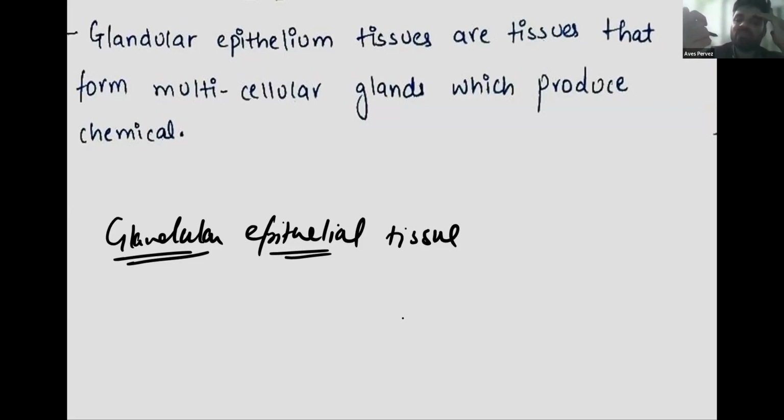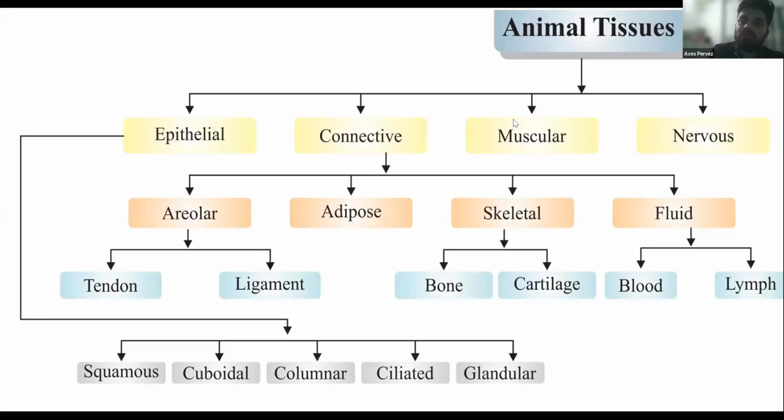We have also discussed these in the table or chart that we have given to you. The muscular tissue table is not given to you, but we should make it. Muscular tissue has different types.